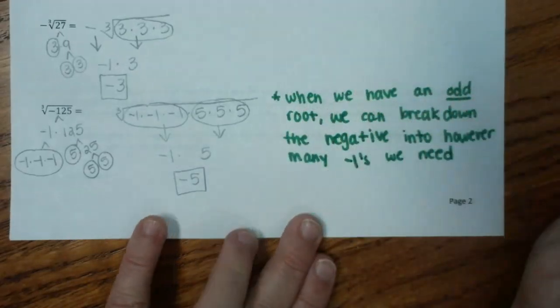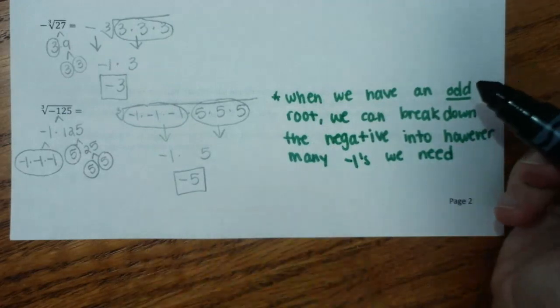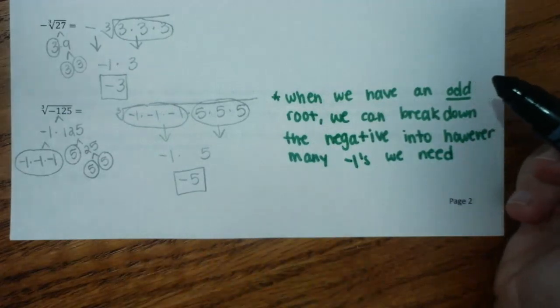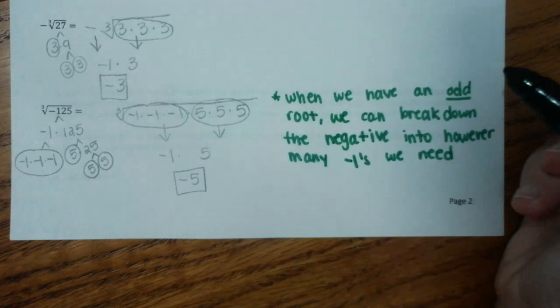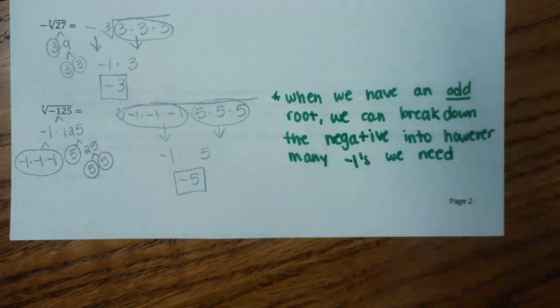So here was the cubed root, so we needed 3 of a kind. So I broke down that negative 1 into negative 1 times negative 1 times negative 1. So 3 negative 1s. Still negative 1, but now I broke it down to give me the number of negative 1s we need.